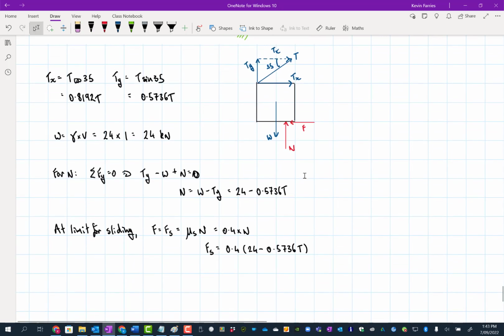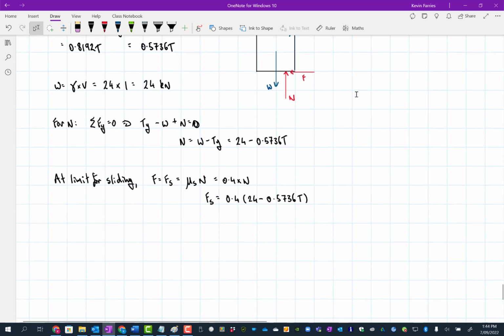Then what do we know? Well, when we're hitting that limit, it's also going to be equal to Tx. Tx is going to be equal to Fs because you need static equilibrium. You've only got two horizontal forces. So Tx take away F must be equal to 0.